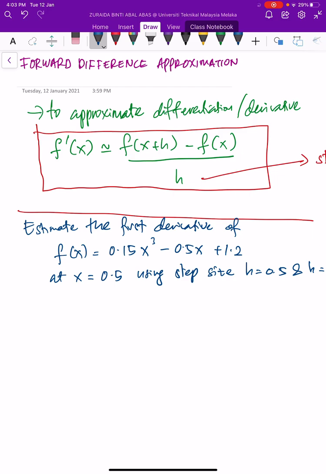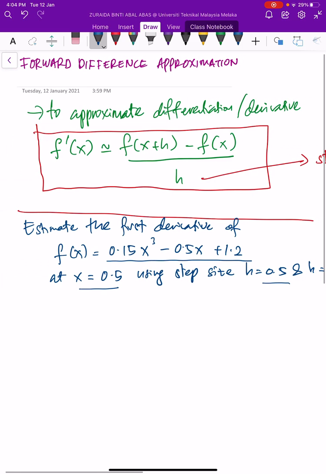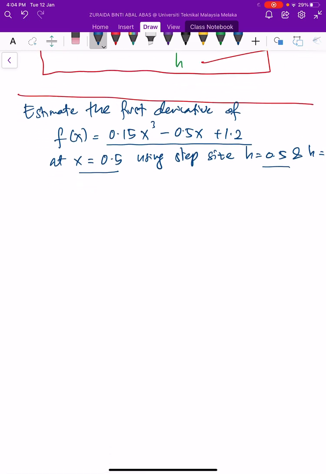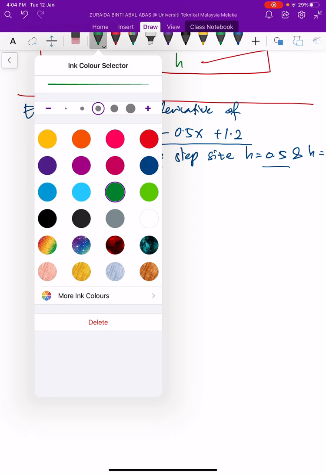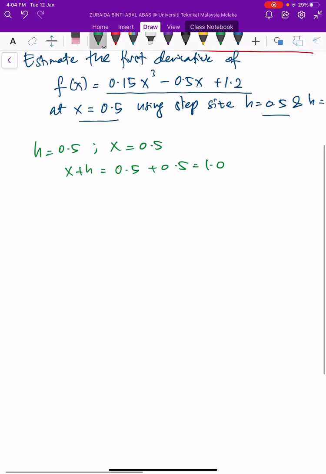Let's solve this. Now you have your function here, and you have the x and also the h. We have two values of h. Let's start with h equal to 0.5 at x equal to 0.5. You need to know that x plus h is equal to 0.5 plus 0.5, so that is 1.0. Why do we want to find x plus h?